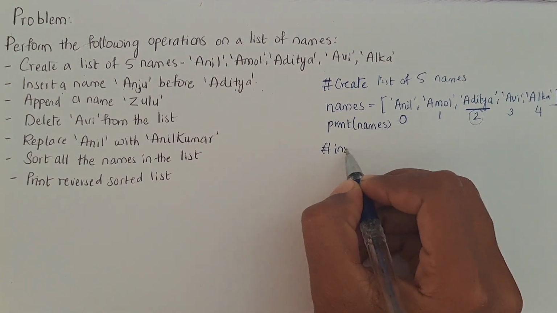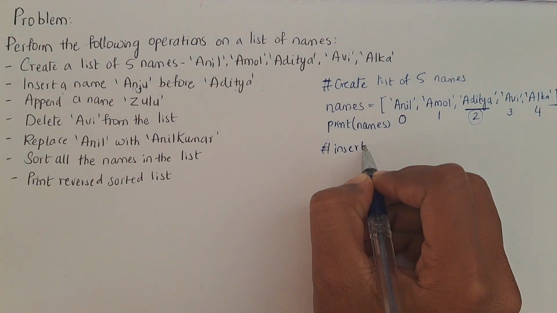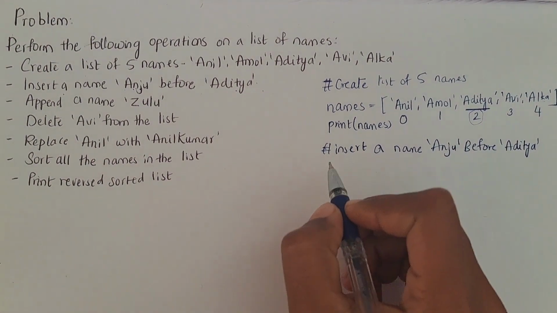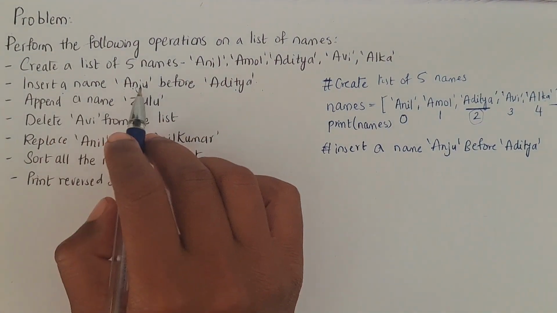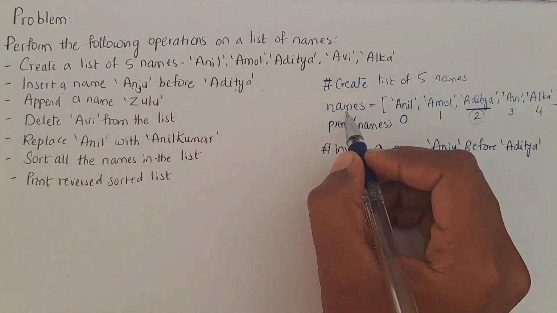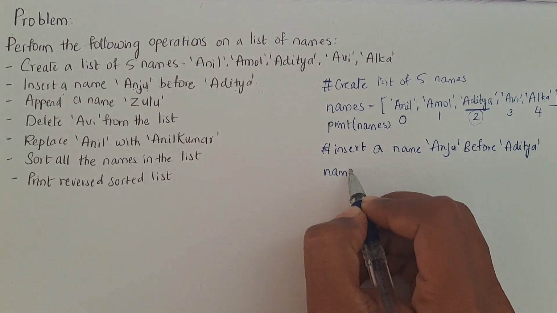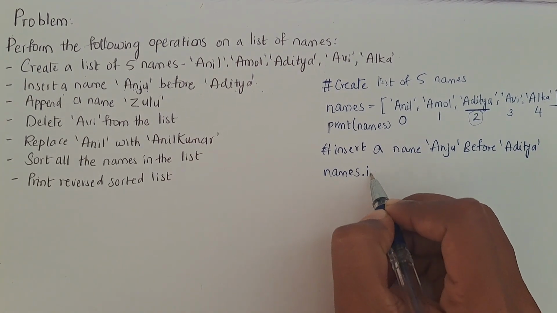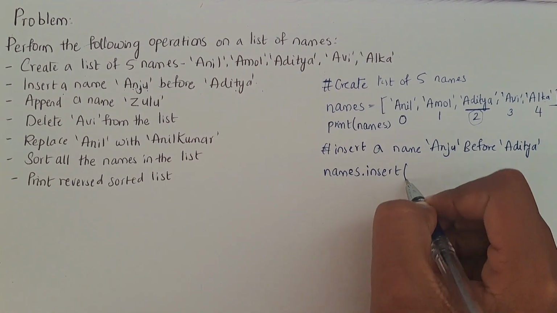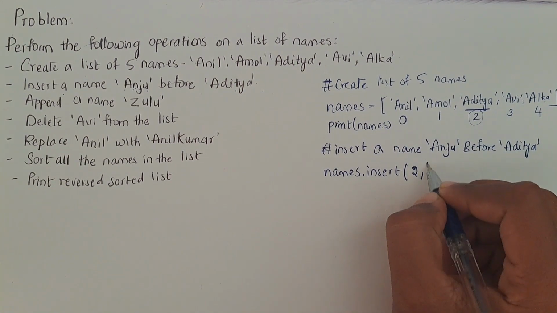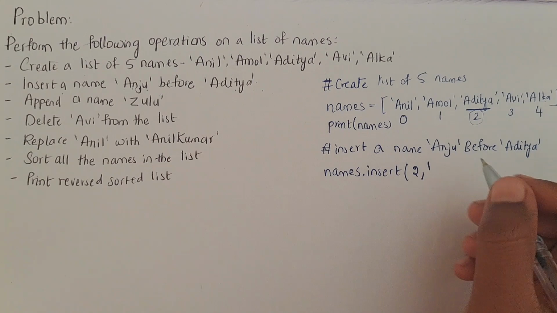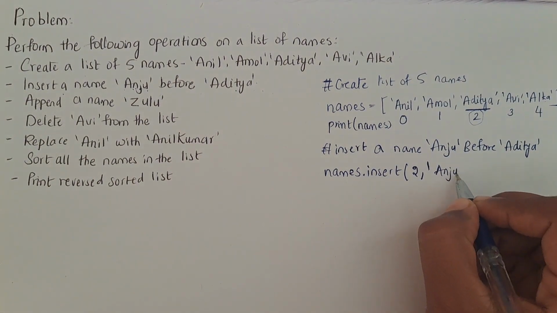For inserting, I am using the insert function to insert the name Anju. Here names, which is my list, dot insert, and I have to give the index value, that is 2, and my string, that is Anju, which I want to insert.